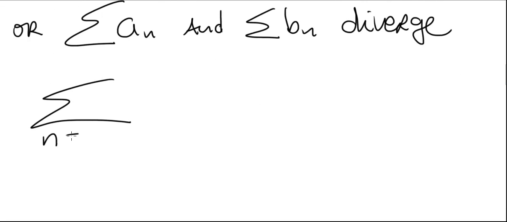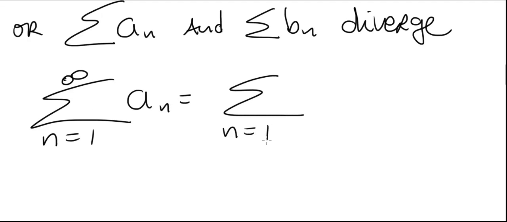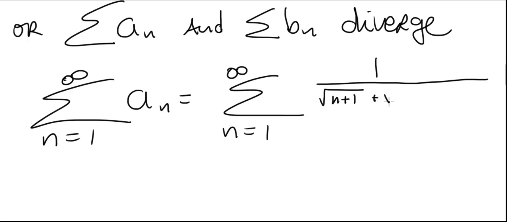We'll denote summation from 1 to infinity of a sub n as our series, summation from 1 to infinity of 1 divided by square root of n plus 1 plus square root of n plus 2 plus the square root of 5n plus 2.